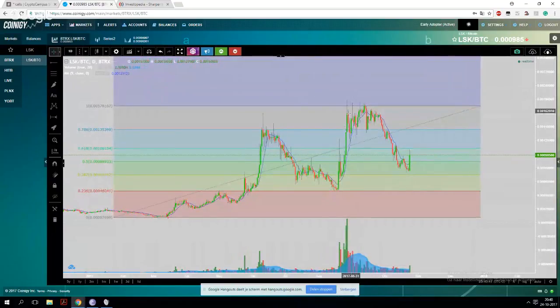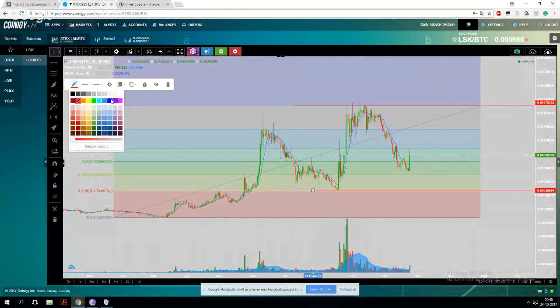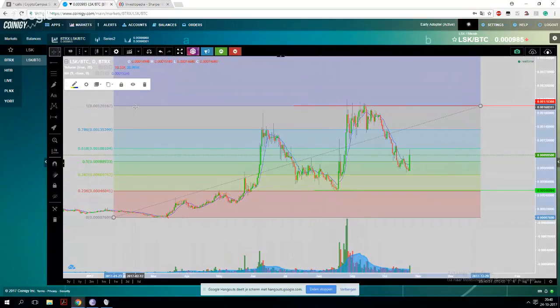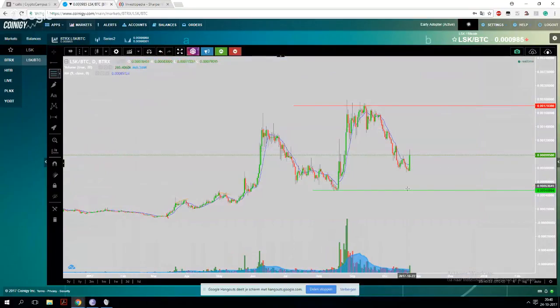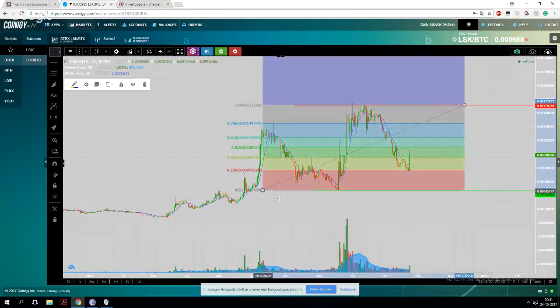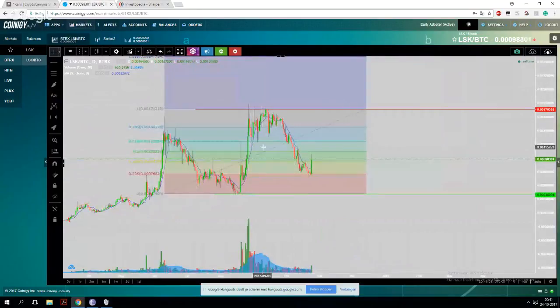You can use them to trade between lows and highs. So we have a high here. Here's our high. Here's our low. Let's say I want to trade between these levels. I will draw my chart. And let's say, for example, this whole up move got completed.